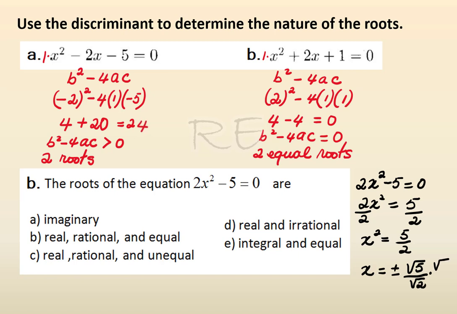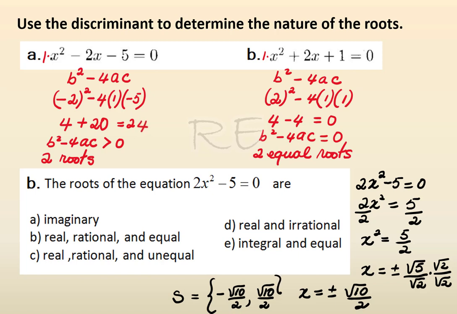When we rationalize by multiplying by square root of 2 over 2, we get x equal to plus or minus square root of 10 over 2. Therefore, the solution set is negative square root of 10 over 2 and square root of 10 over 2. The roots are real and irrational. Therefore, the correct answer is D.